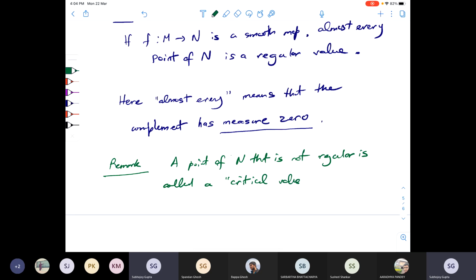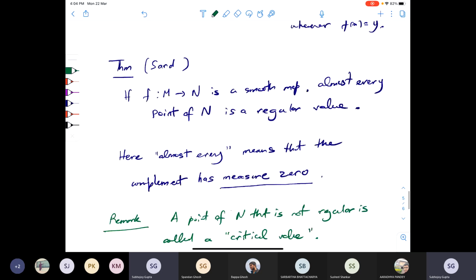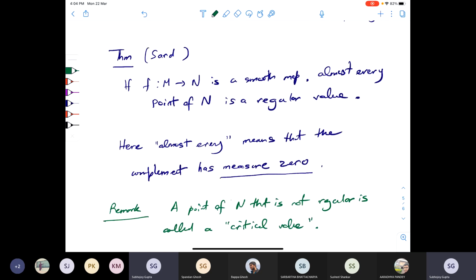So sometimes Sard's theorem is stated as, if you have a smooth map, then the set of critical values of f has measure 0. That's an equivalent statement. By the way, when I say regular value, it really means a regular value of f, right? That's maybe understood, but let me just add that here in the statement.